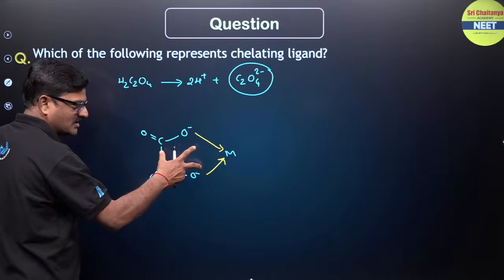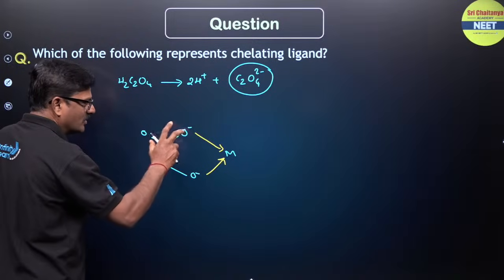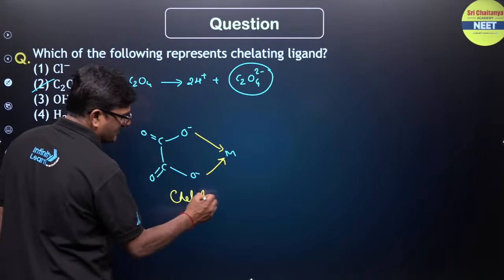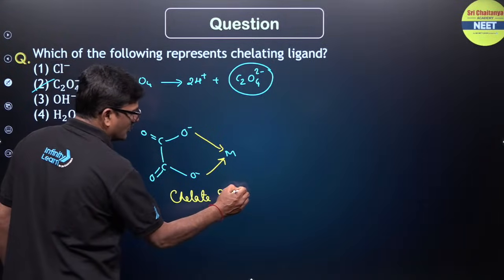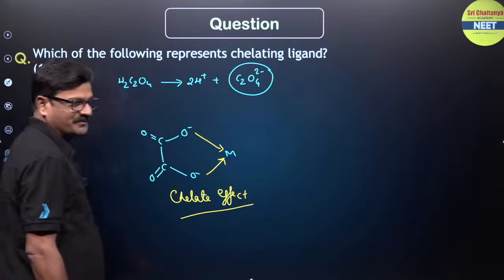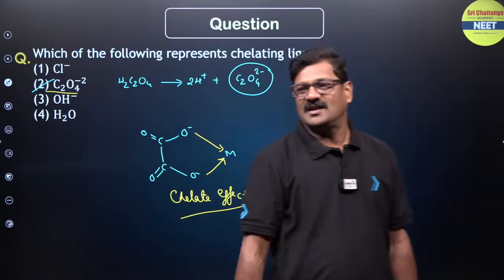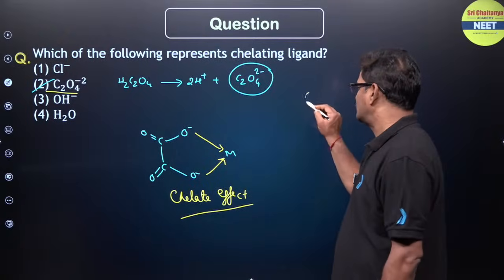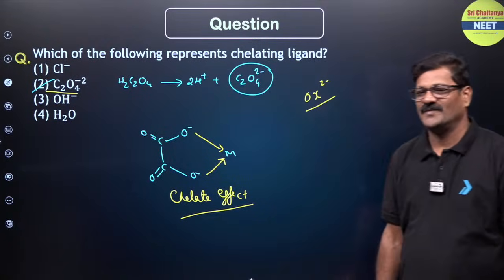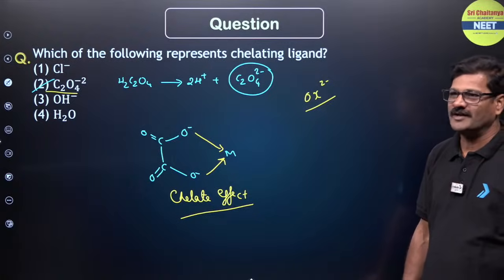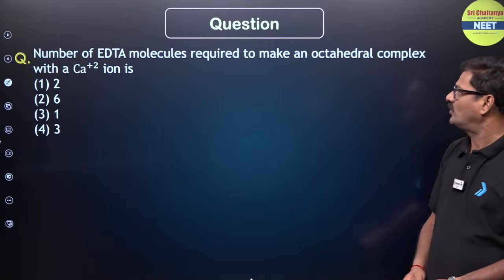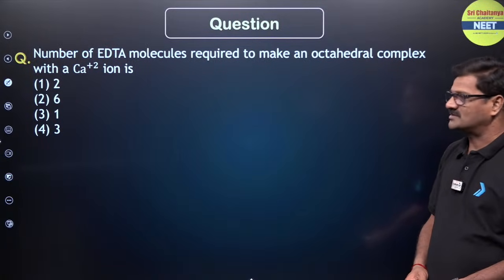So because of the chelation, this ring gets extra stability. This is what is called the chelate effect. It is a 2 marks or 1 mark question in the CBSE examination. So this is going to be oxalate C2O4 2 minus, the observation is ox 2 minus. Ring is formed. Any doubt? Now one more thing: the number of EDTA molecules required to make an octahedral complex with Ca2 plus.